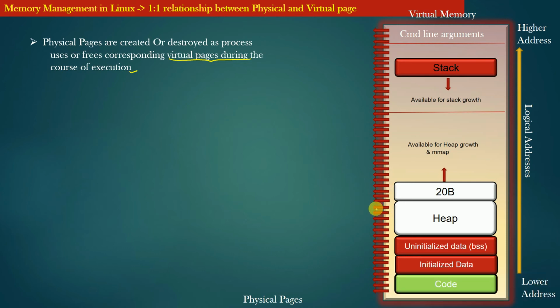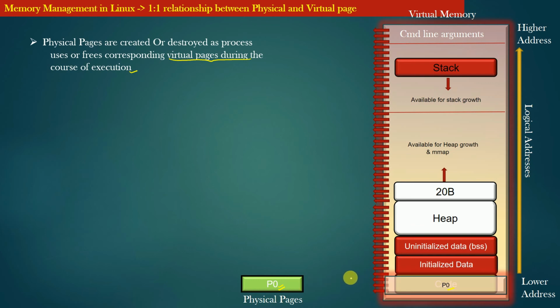So you can see that suppose this process is in execution, then corresponding to virtual pages which are in use, the operating system will create physical pages. So for virtual page P0, physical page P0 will be created by the operating system. It is this physical page which will actually store the machine code instructions of the process which is in execution.